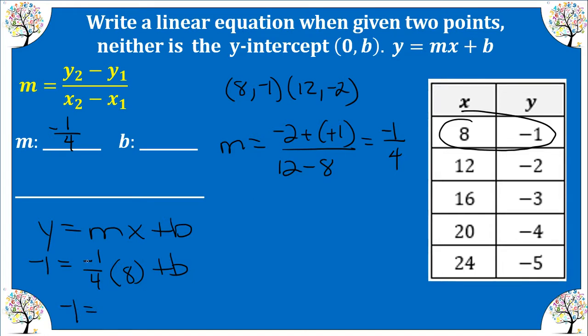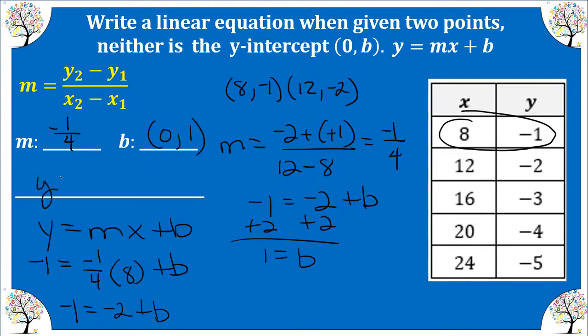When I multiply -1/4 times 8, I'm dividing 4 into 8. That goes 2, and 2 times -1 is -2 plus b. So I have -1 is equal to -2 plus b. Isolate your b, and I get 1 is equal to b. So my y-intercept is 0, 1. Put it all together, y equals -1/4 x plus 1.